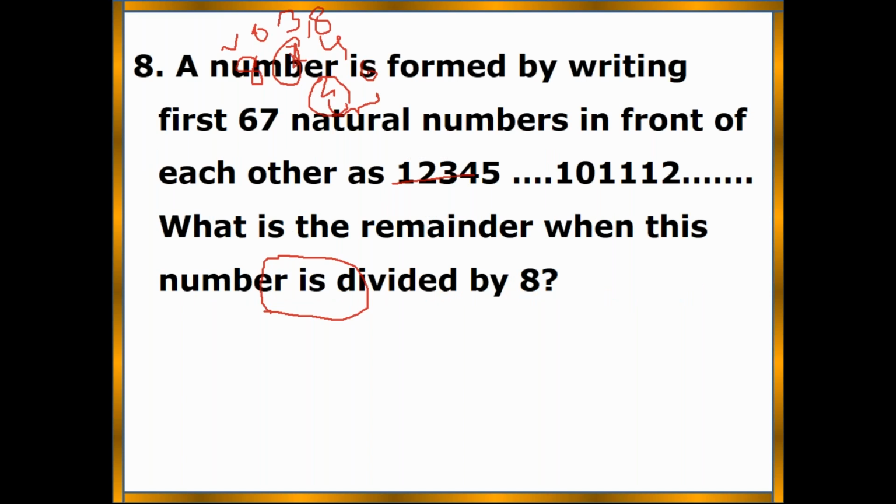A number is formed by writing the first 67 natural numbers in front of each other as 1 2 3 4 5 and so on, 10 11 12 and 13.